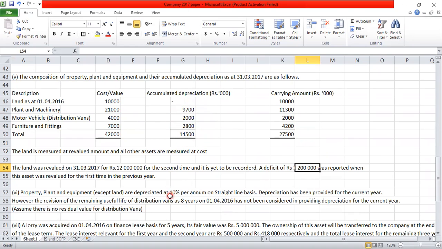So before moving on to the 6th and 7th adjustment, I feel like lorry is a part of motor vehicle. I'm going to keep lorry in adjustment number 6, and I'm going to finish off plant and machinery and furniture first of all. So as we all know, in adjustment number 6, they're saying depreciation has been provided for the current year. So let me find the depreciation for each of these assets, which is plant and machinery and furniture and fittings.